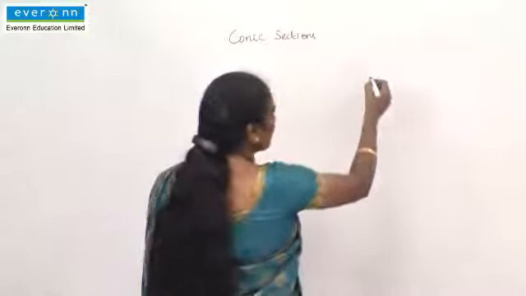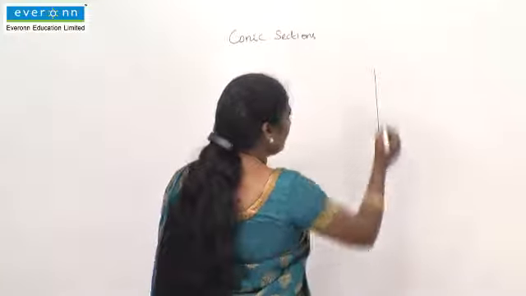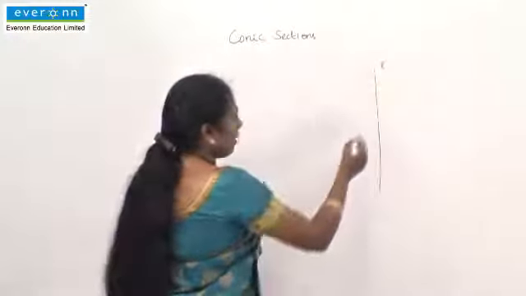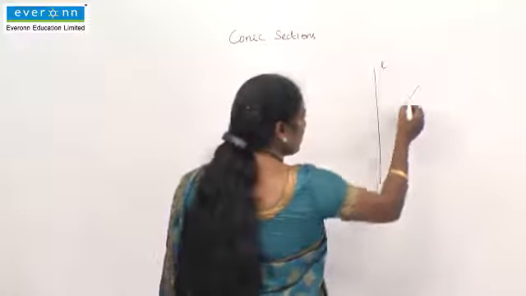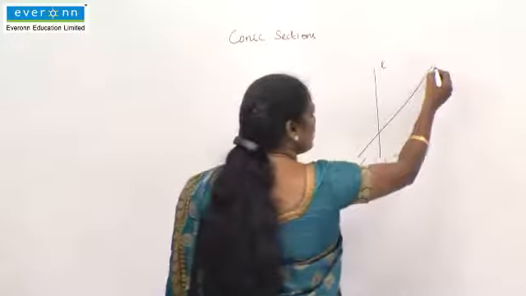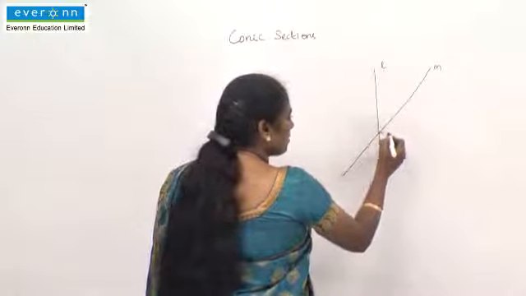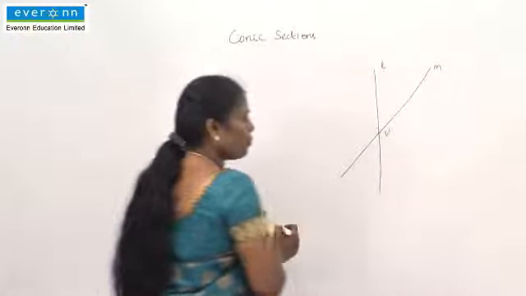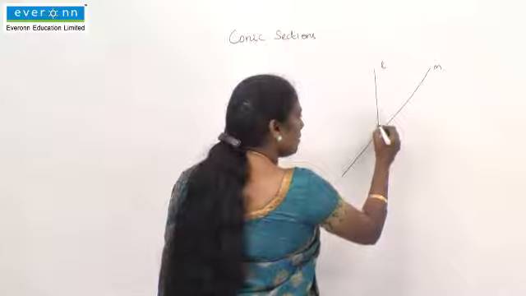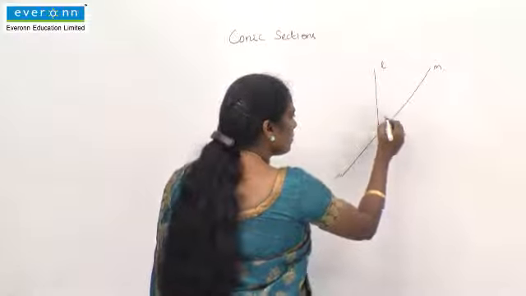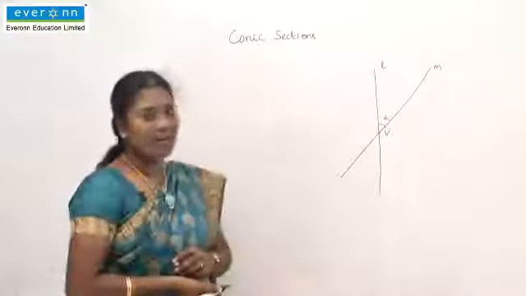Here we are going to consider a fixed line L and the other line called the generator line denoted by M. These two lines intersect at the point V and the angle between the fixed line and the generator line is alpha.